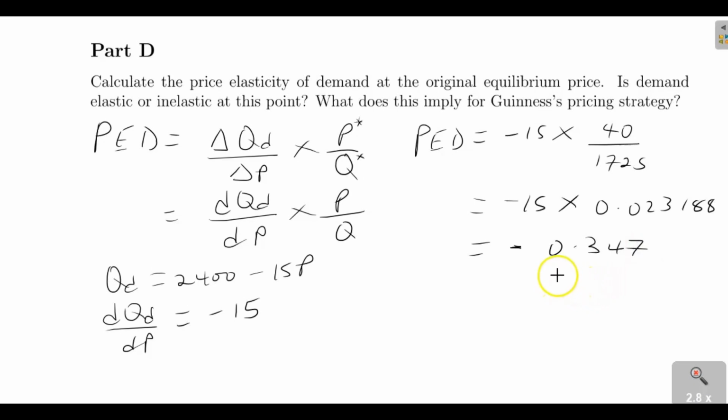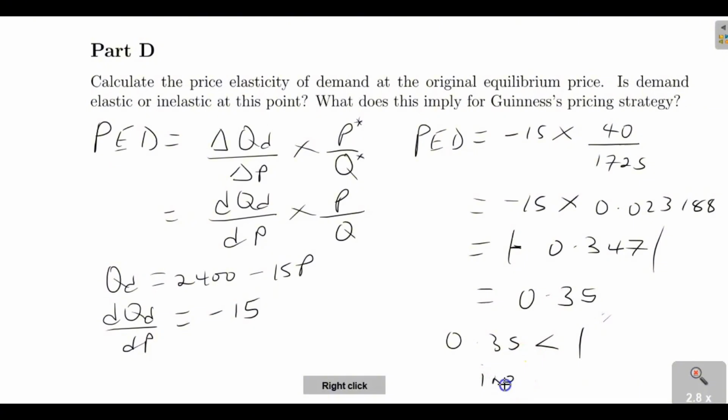Now, when we are dealing with price elasticity of demand, we are looking at the absolute value, right? So I can put this in an absolute sign, and our answer becomes 0.35 to 2 decimal places. Now look at something. You can clearly see that the value 0.35 is less than 1, and whenever our price elasticity of demand is less than 1, we know that we have inelastic demand.